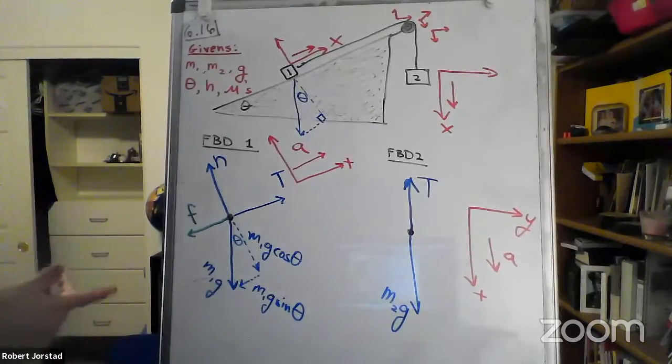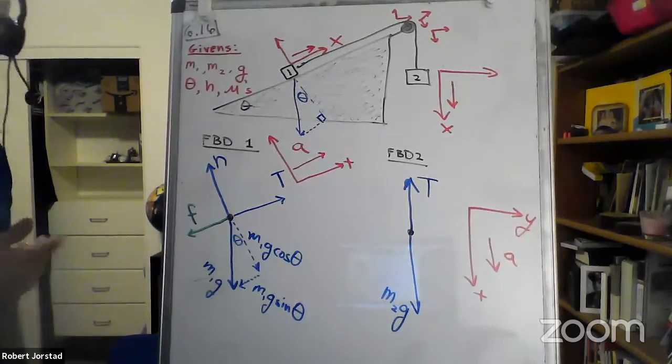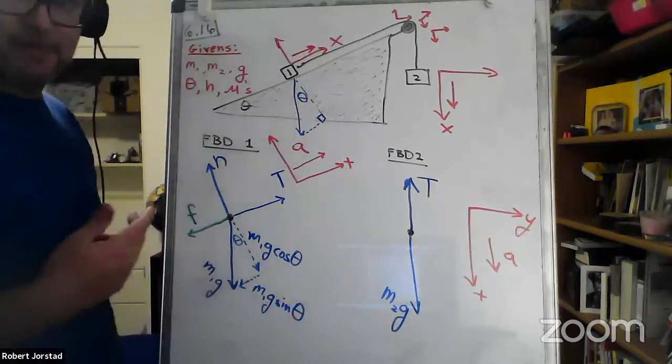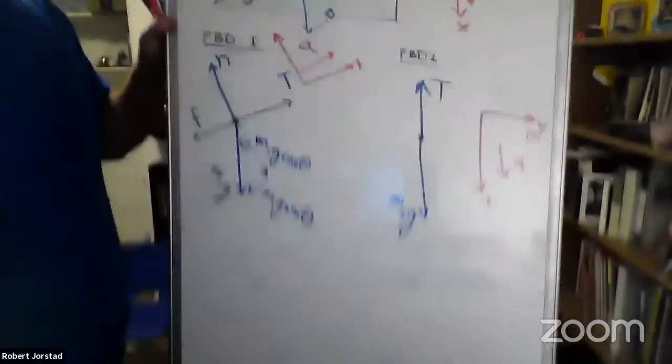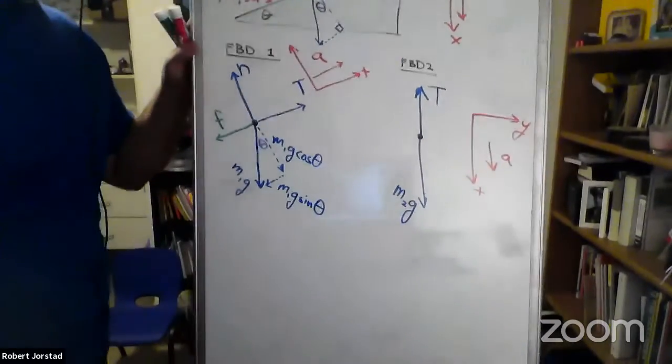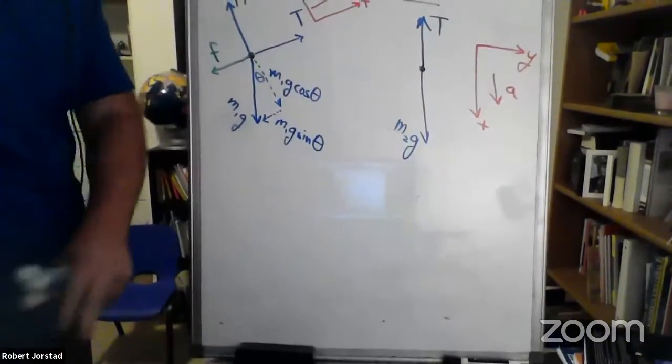All right, so in this case, I've forgotten what we're doing, but we might as well write the force equations now, right? So help me out. So for the first FBD, you got X, T or minus Y? X. Okay.